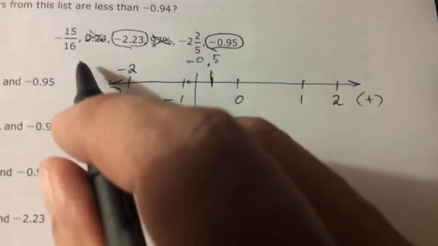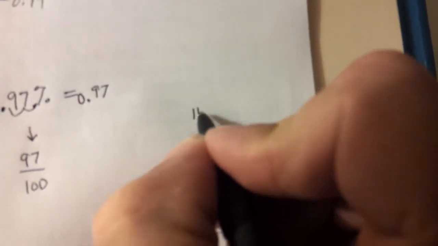Let's look at negative 15 over 16. Let's turn negative 15/16 into a decimal. To turn that into a decimal, we divide the top by the bottom: 15 divided by 16, and I'm going to put a couple zeros in.